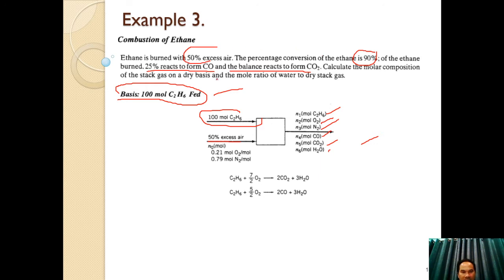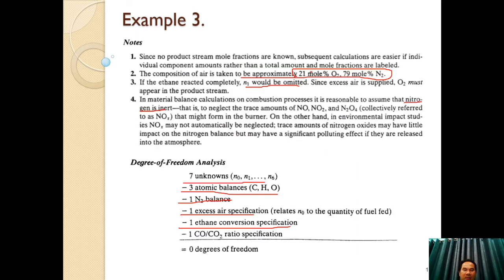And also the ratio of CO and CO2, 25% CO and 85%. 3 pieces of information, 1 inert and 3 atomic balances. You get 0 degrees of freedom. For this case, you can solve by the atomic balance.